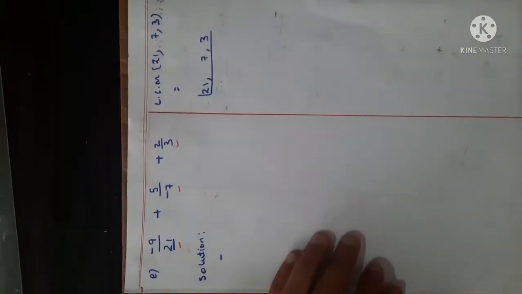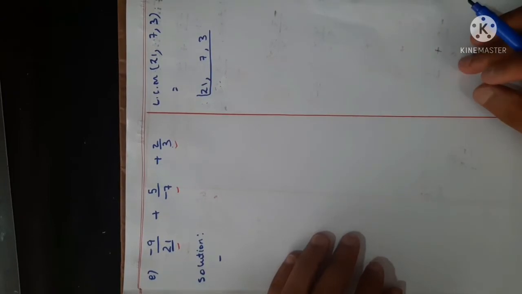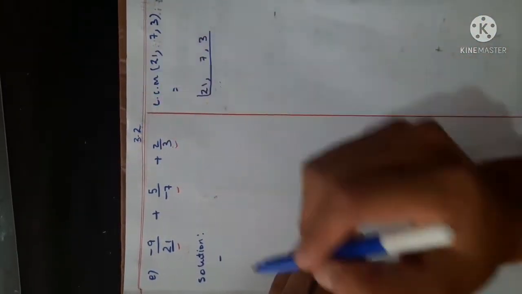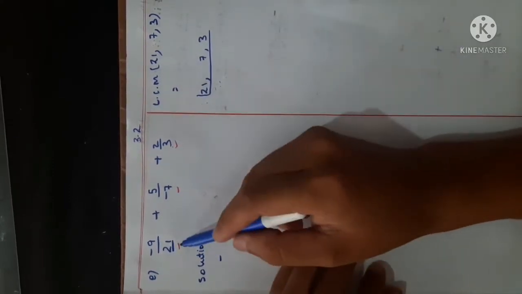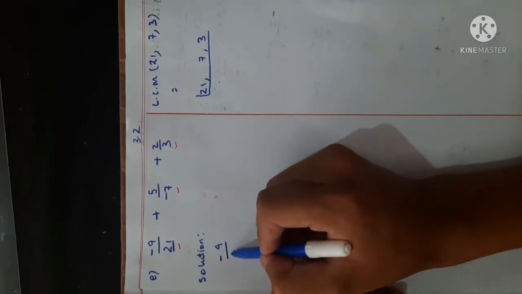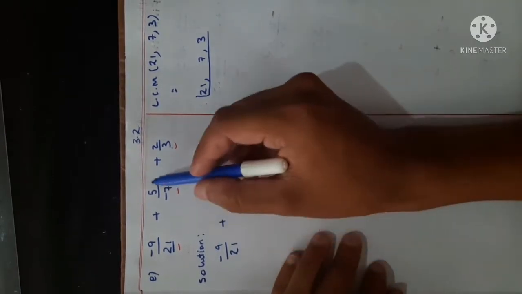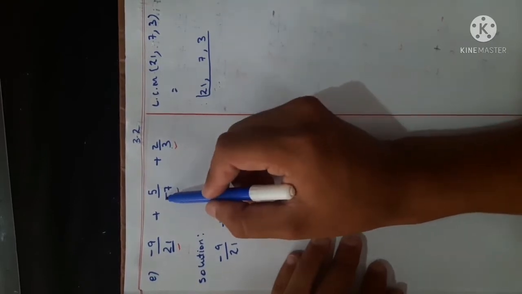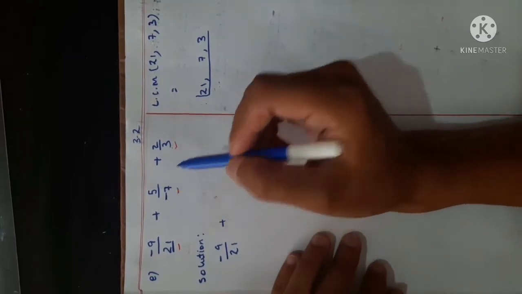Next question is question number 1E from exercise 3.2. So now we have three rational numbers: minus 9 by 21, plus 5 by minus 7, plus 2 by 3. Be careful here. There is a minus in the denominator.